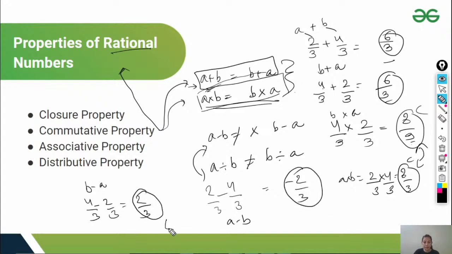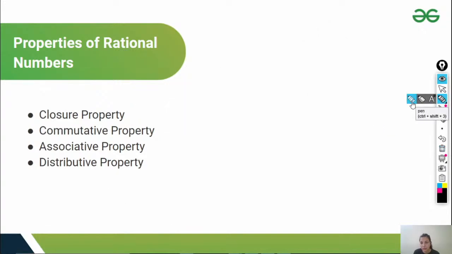These both are different. You know the importance of sign we understood in integers. So these both are different. So we can say that in subtraction the commutative property is not followed in rational numbers either. Similarly, let me erase all this. Similarly, in division, we can say that the commutative property is not followed.